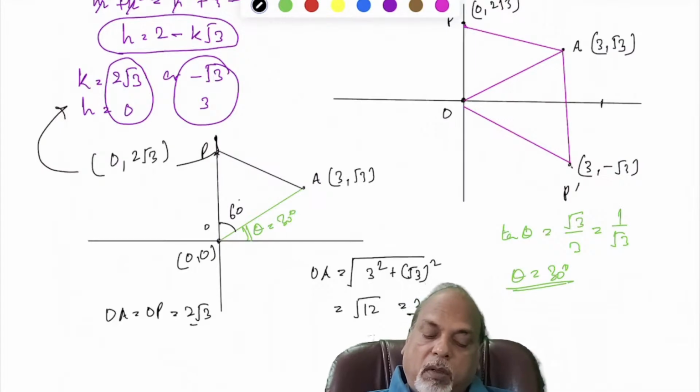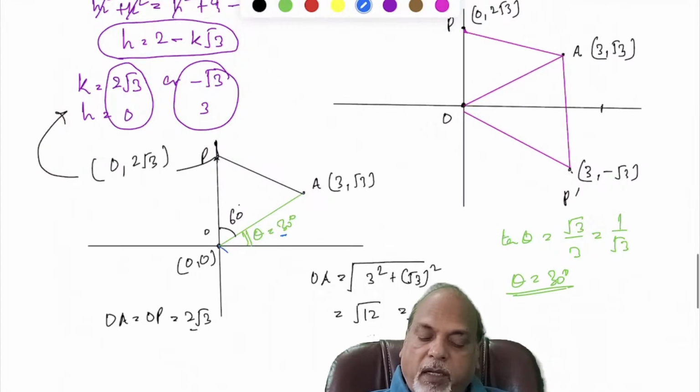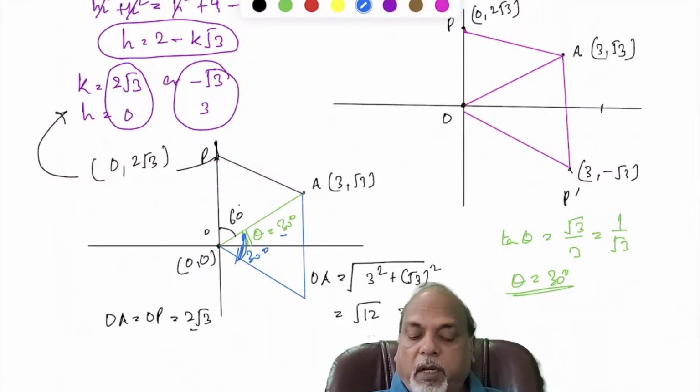Now, let us take another point. What is here? It is 30 degree. So naturally, if we make another line, what is this? This is your 30 degree. Equilateral triangle, 60 degree angle is there. That means here again. And what will be this point? A point will be basically A dash.